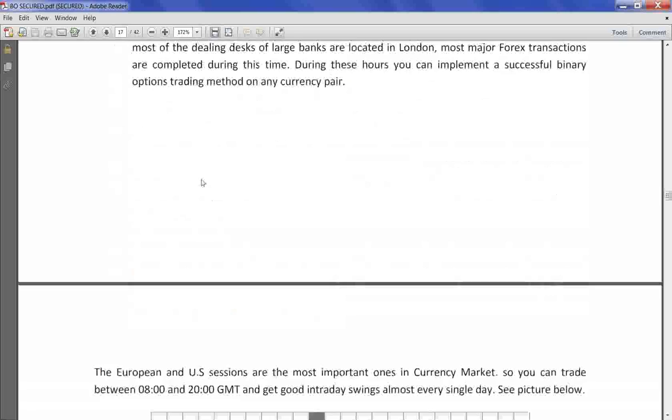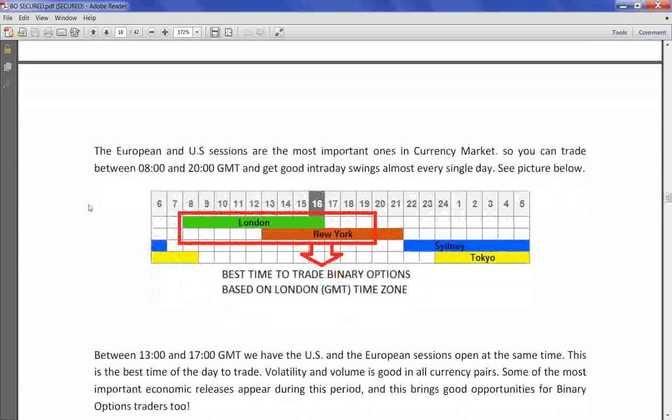What are these? All explained. Now, these are the actual times. As you can see, this is the best time for binary options based in London. So you can follow that in this picture, and you can find this calendar as well online.